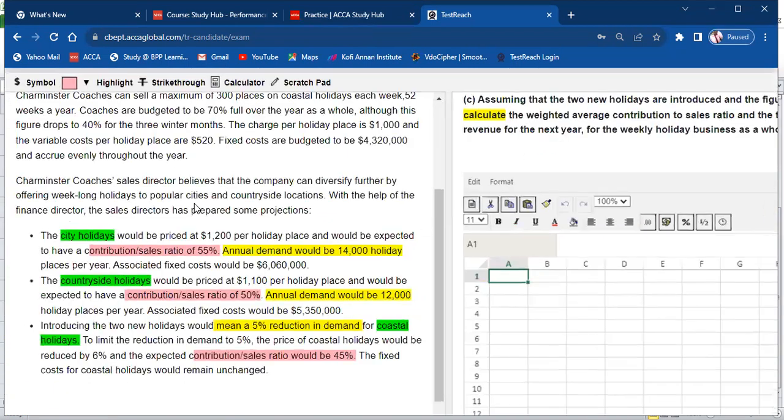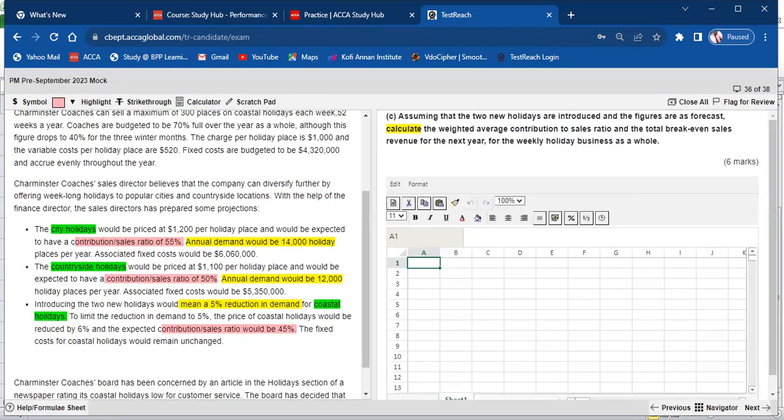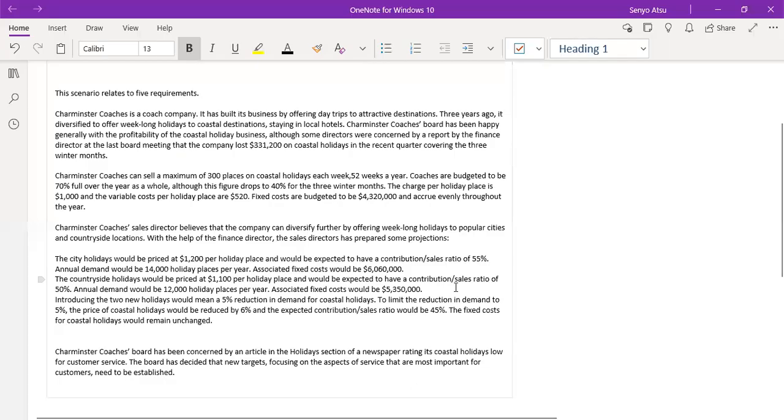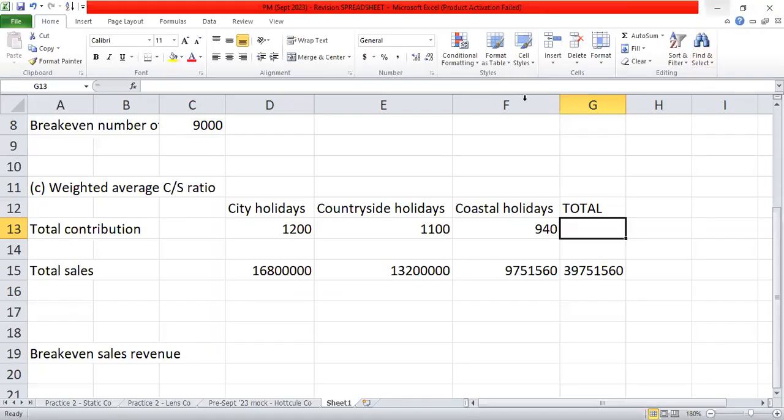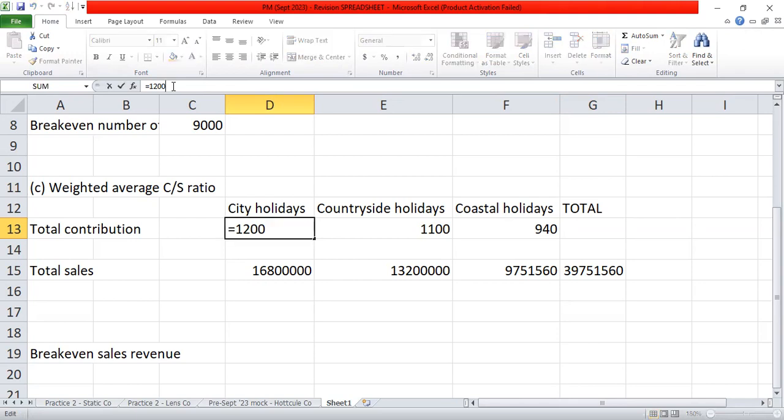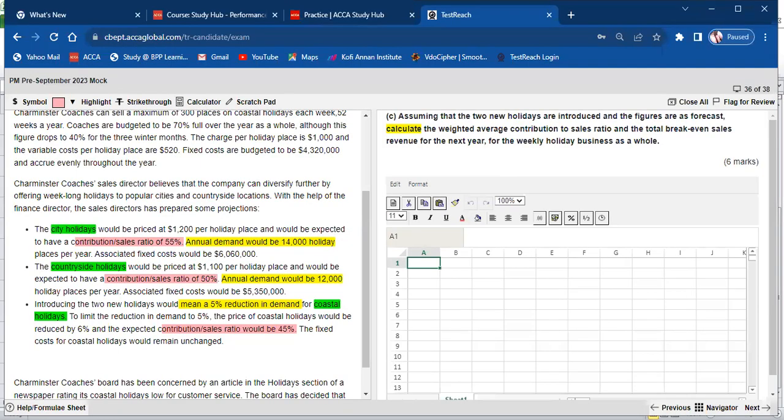So I'm just going to do this sales times 0.55, which will give me the contribution per unit. For countryside holidays, the CS ratio is 50%.